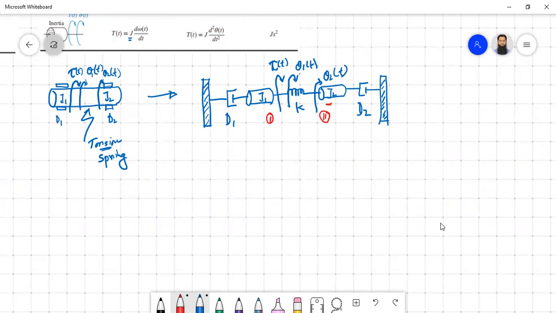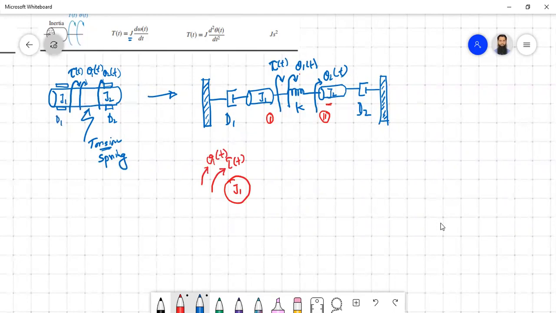In that case, say this is your J1, and on J1 the torque is being applied in this direction, say tau T. And always we assume, like in the previous case, that the linear displacement is in the same direction as the force. So we also assume a similar thing here. So theta 1 T will be in the same direction.